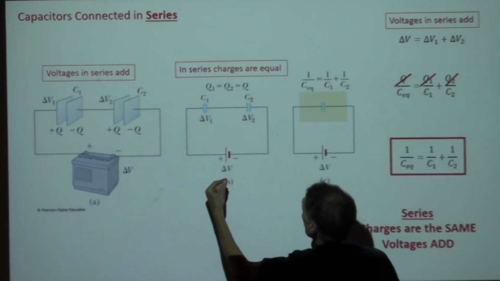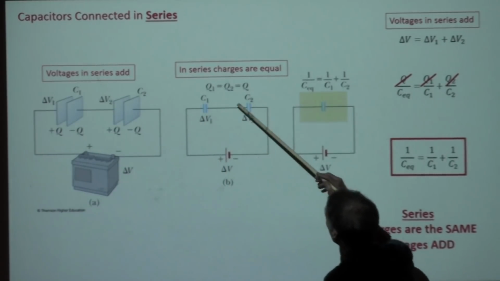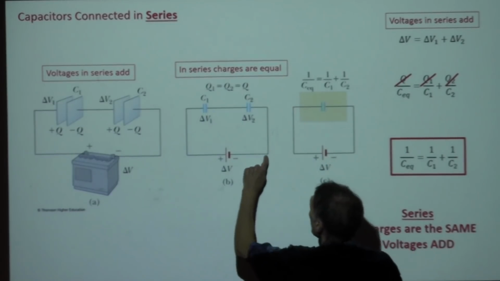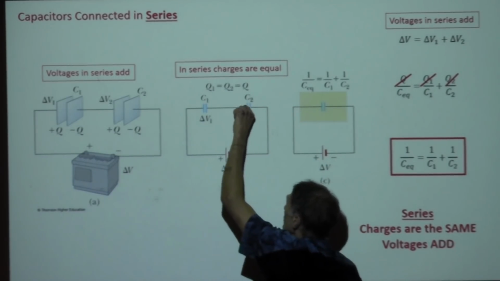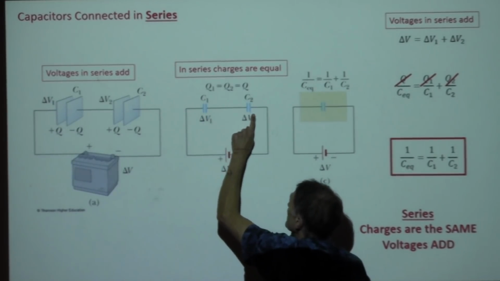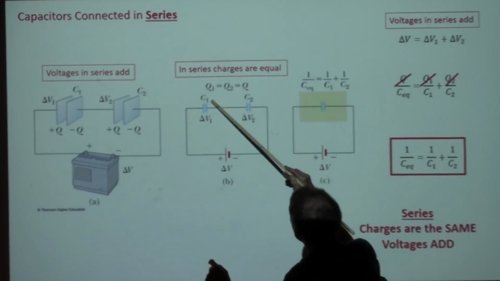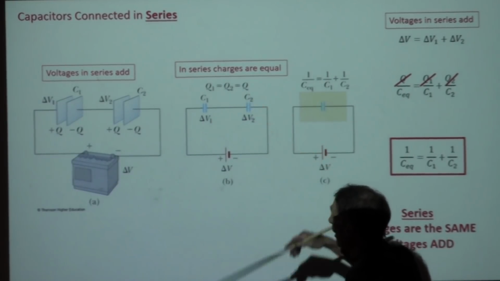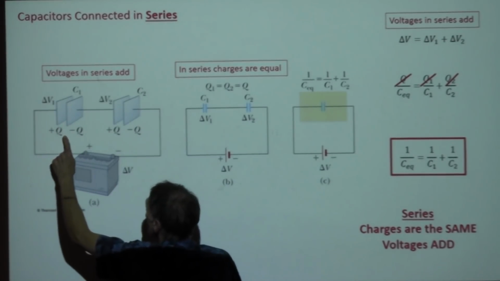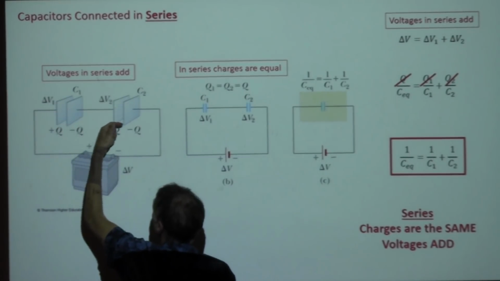But they're tied together. When they're connected in series, one to the next to the next, the charges will be equal. Whatever charge I put on this is just going to drive the same amount of charge onto this other one. So we say that for capacitors in series, the charges remain equal. However, if we look at the voltages, from the plus plate to the minus plate there'd be an electric field in there, and there'd be an electric field here.